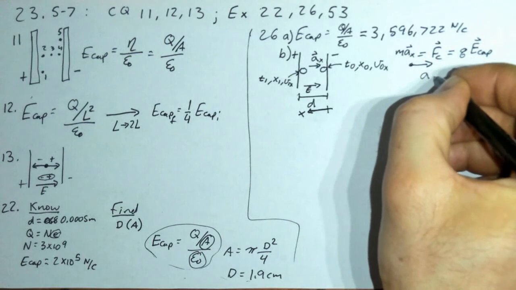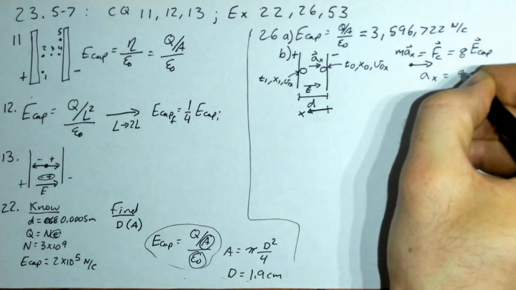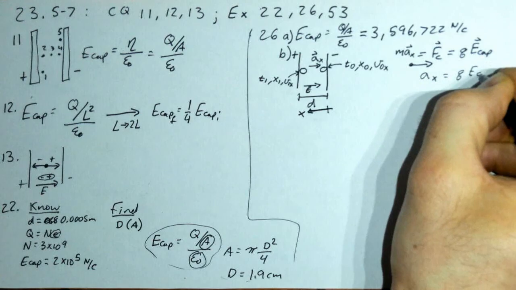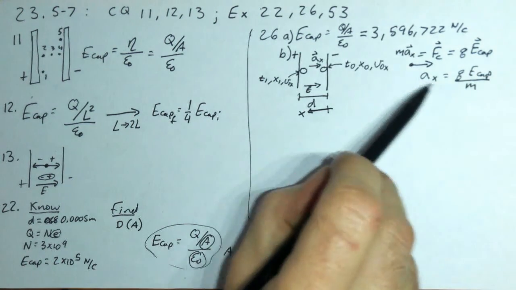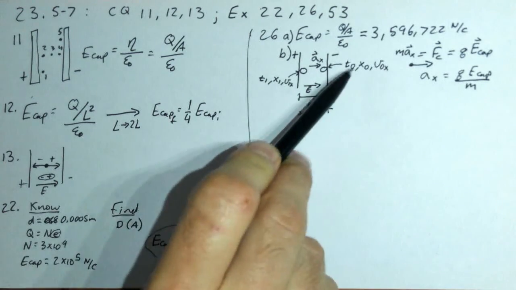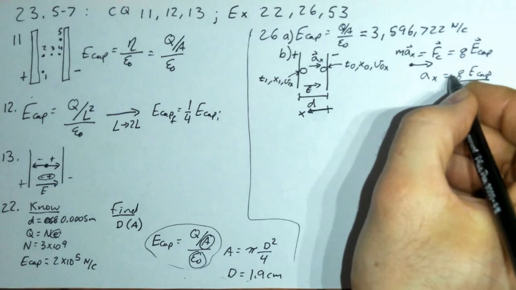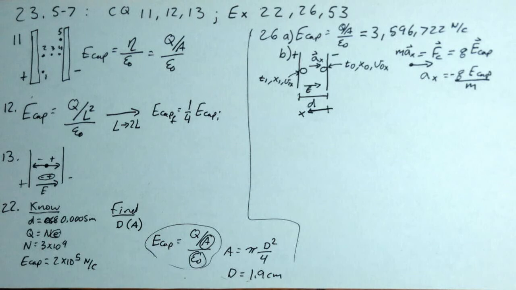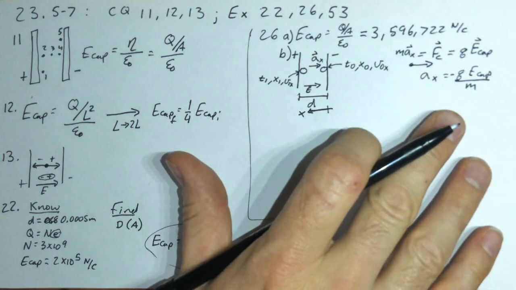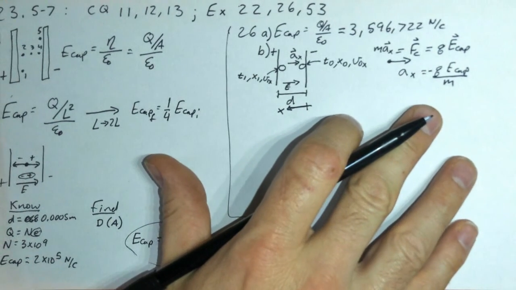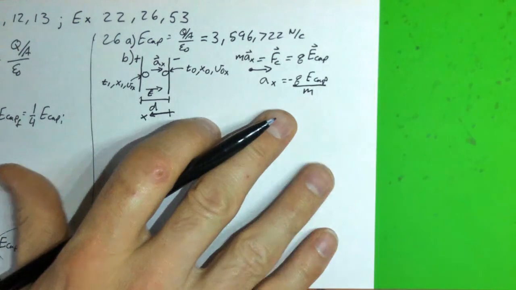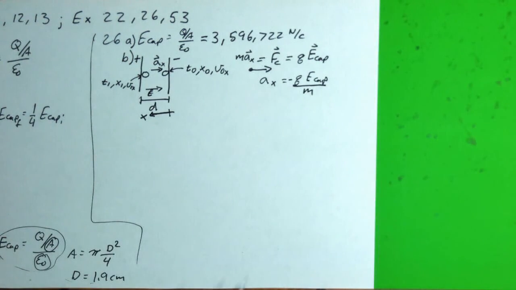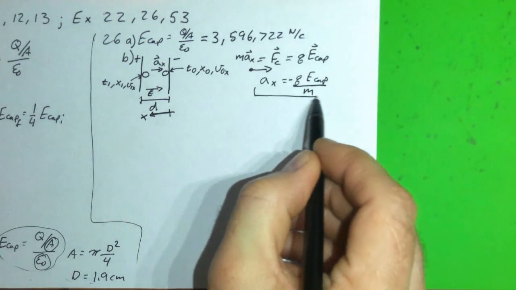So now my acceleration is equal to Q E cap over M, and the direction is that way, which is negative. So I'm going to apply that direction with that minus sign right there. So I've got a negative Q E capacitor over M. I'm going to shift this over. Now I've found that acceleration.